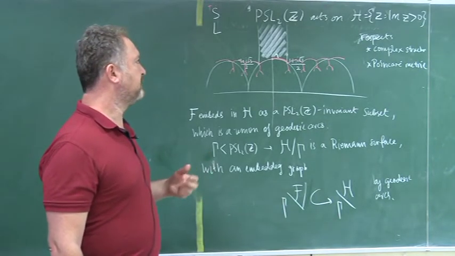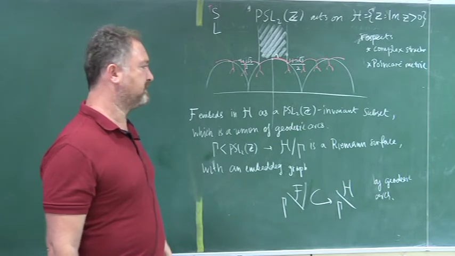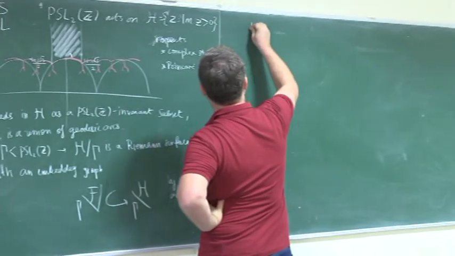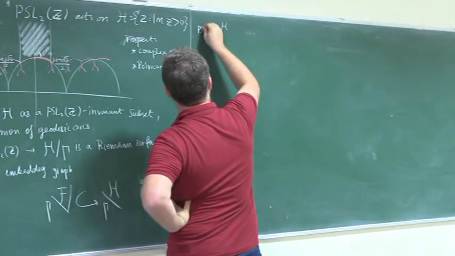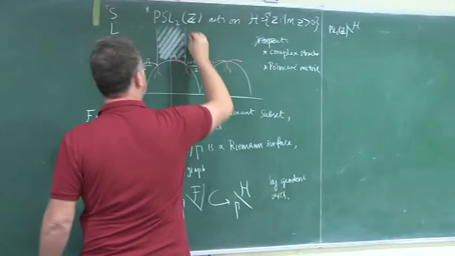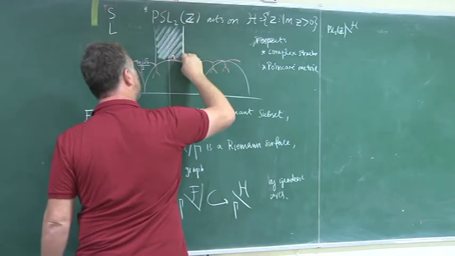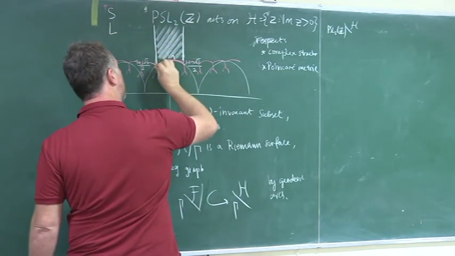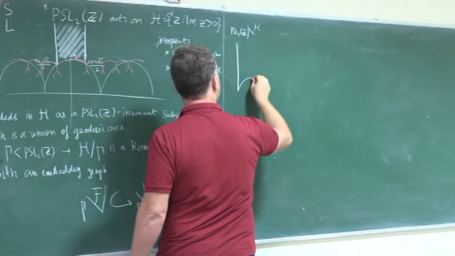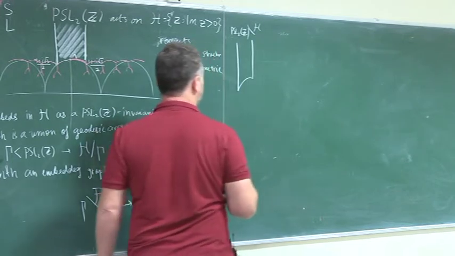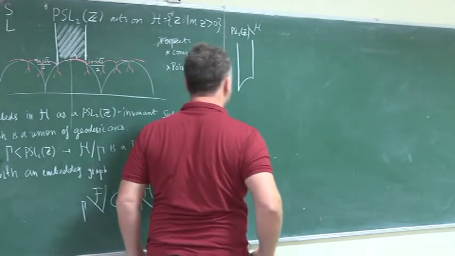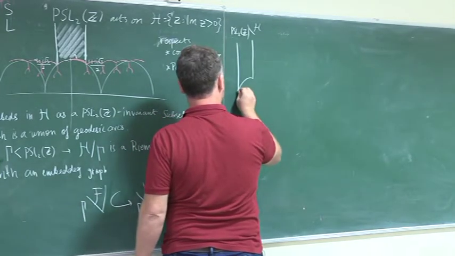In that case, what is the largest subgroup with torsion? It is PSL2Z. So if we consider H over PSL2Z, the quotient space will be obtained as follows. The PSL2Z action identifies this edge with this edge and this segment with this segment, so that the quotient surface will look like this. There are going to be two orbifold points here.